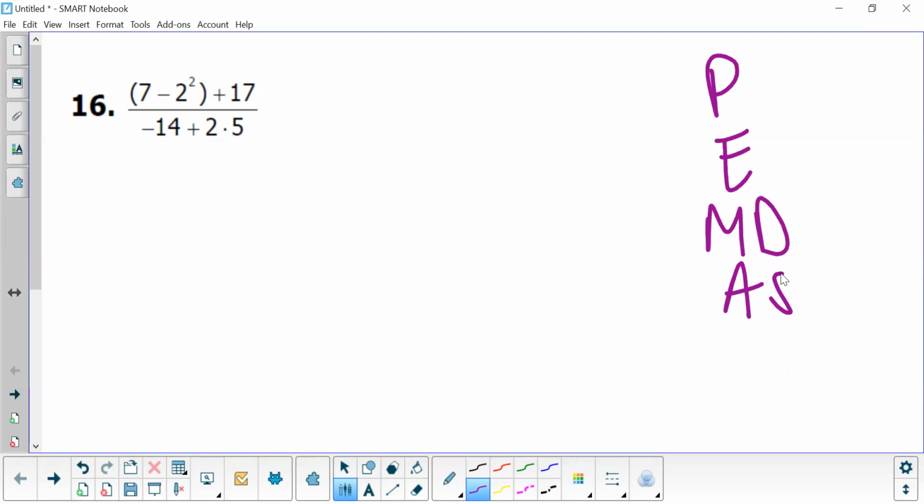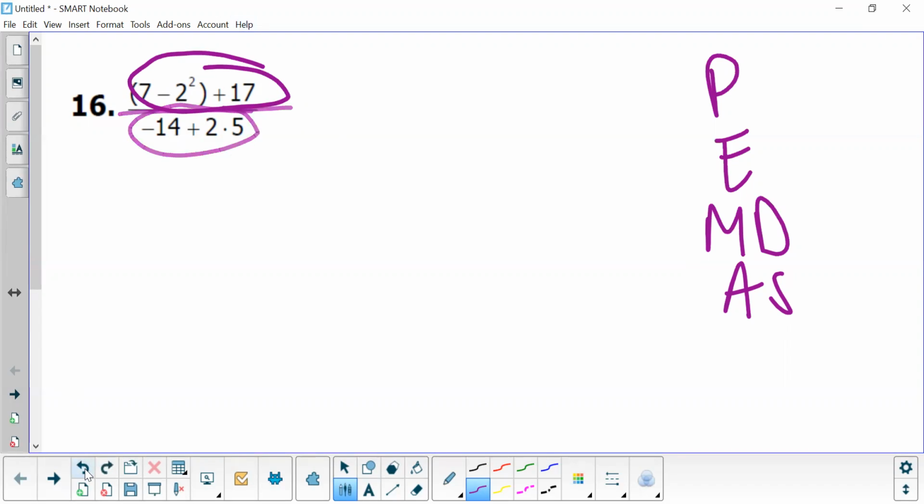So we still follow the same order, but remember, fractions typically mean dividing, right? Essentially what we're doing is taking this entire numerator and dividing it by that entire denominator once we simplify those.